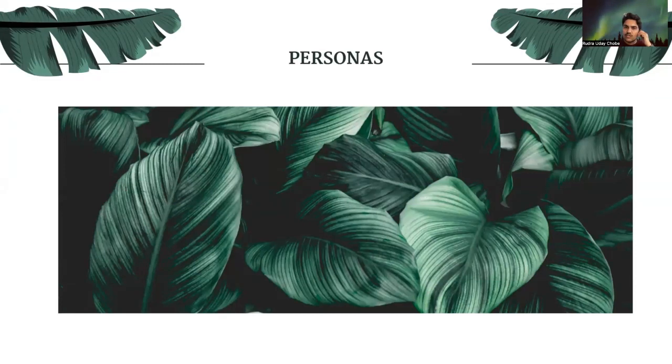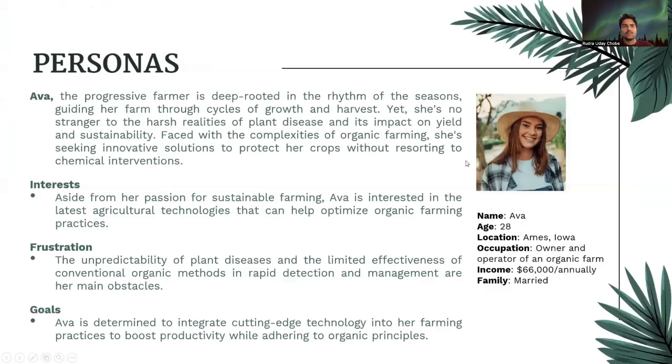The project includes 3 personas. The first persona is Eva, the farmer. She's a farmer and she's trying to make changes to her existing crop yield and understand how she could improve the yield.